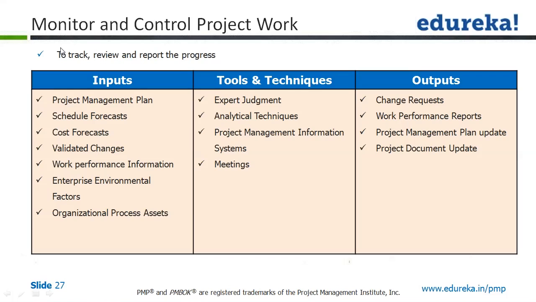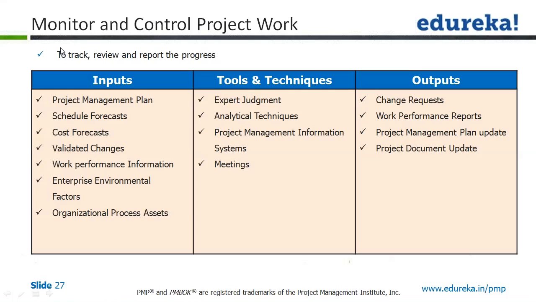Validated changes coming in from the previous process. Work performance information. And the last two, which you are already familiar with, are enterprise environmental factors and organization process assets. So EEF and OPA are the input to this process.